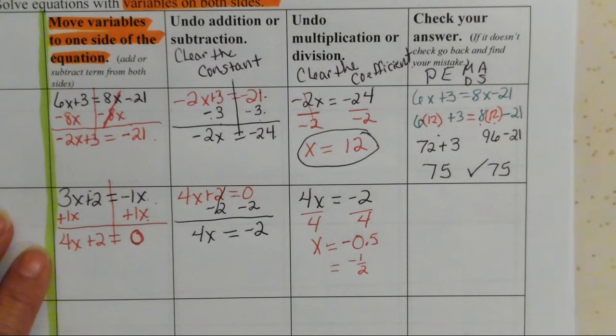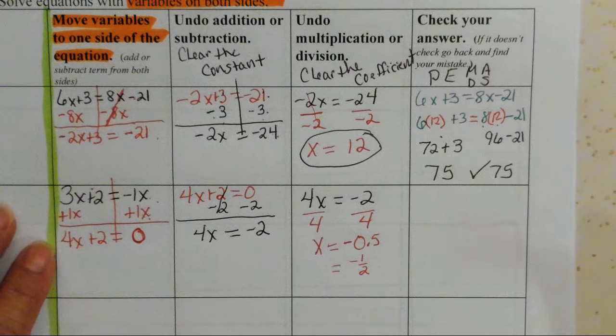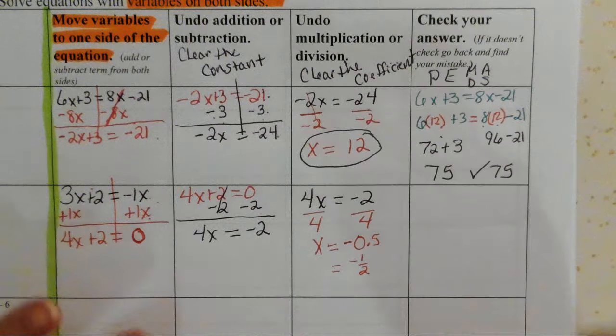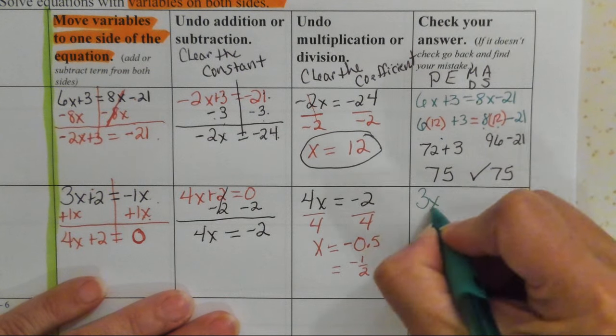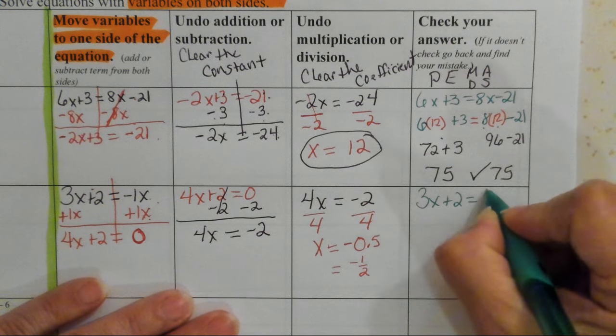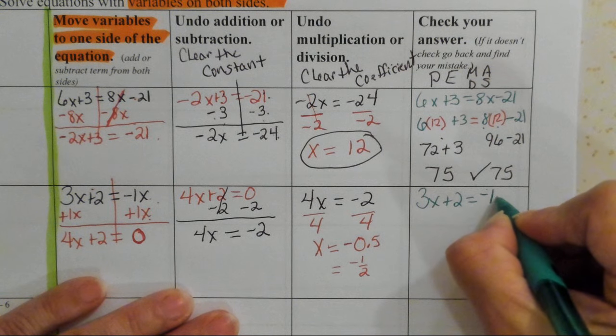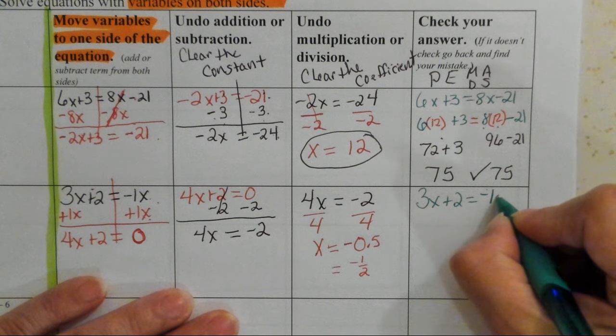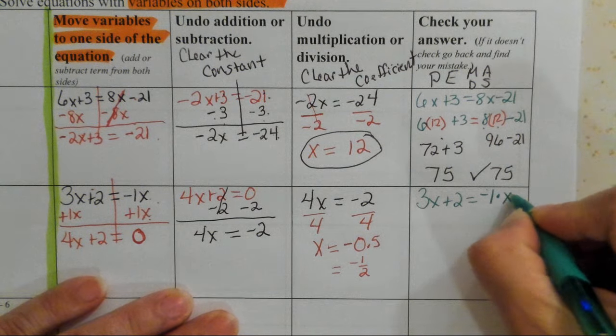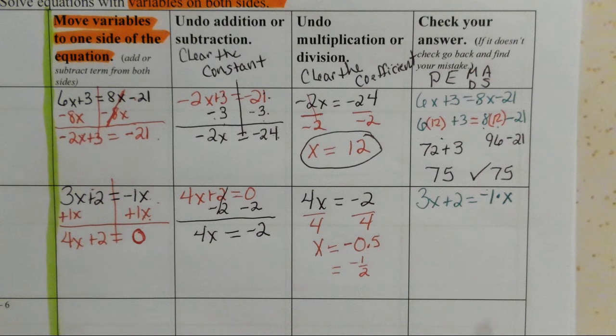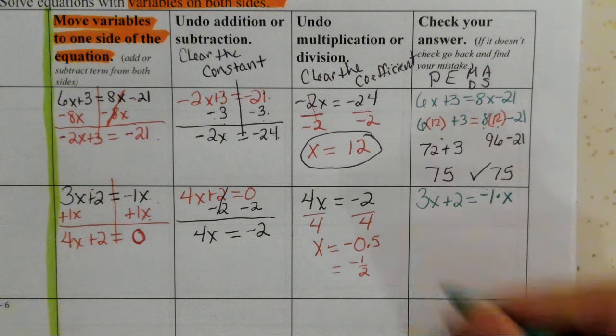So then we're going to check it. So we would write down the original problem here, which is 3x plus 2 equals, and this is another place that's very helpful to put in the negative 1 times x. Okay, so then I'm going to put in the negative 1/2 here and see if that works.